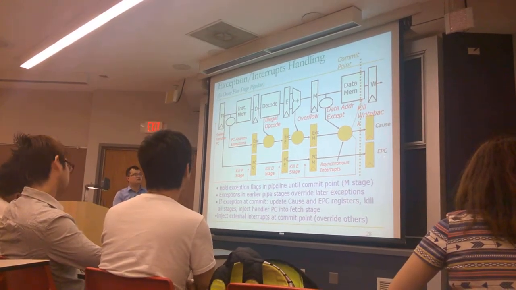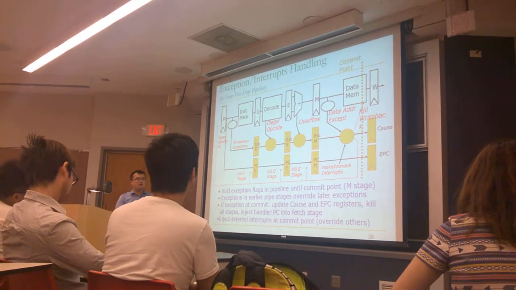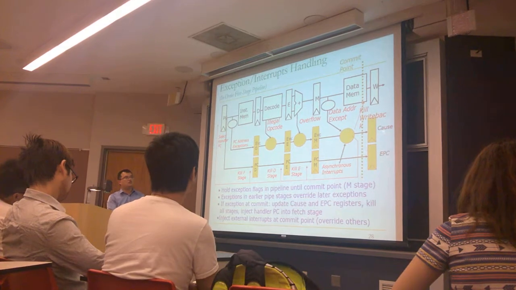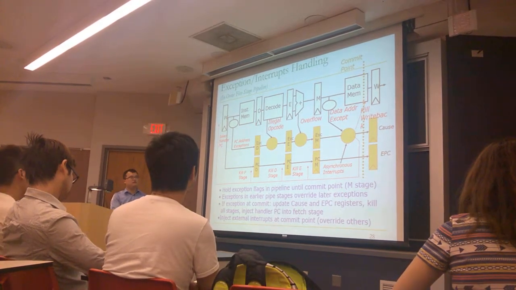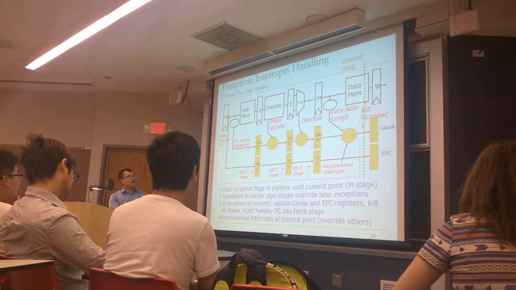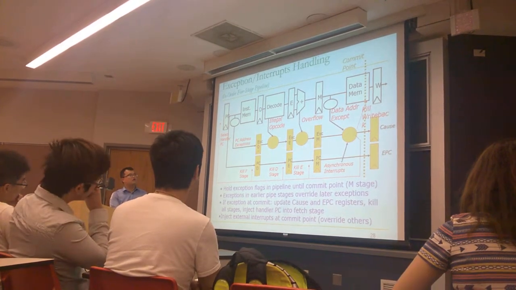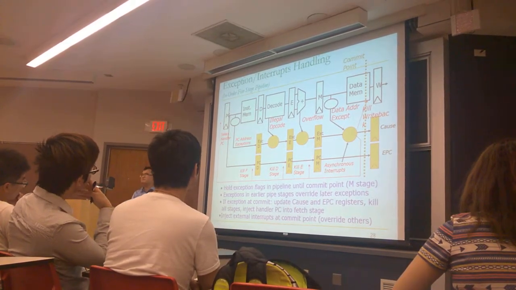And the EPC here represents the exception program counter. And also we will record which cause triggered this exception. And all the earlier exception flags will override all the later exception flags.